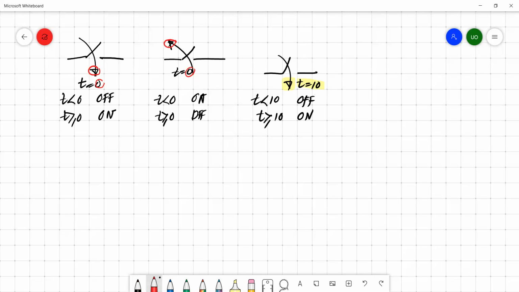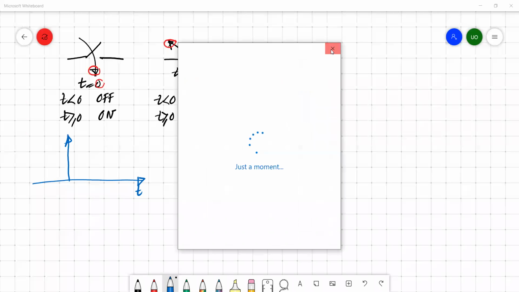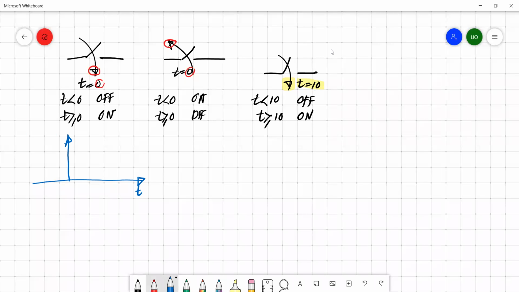If you plot this operation graphically, when t is less than 0 the switch is off, and when t is greater than or equal to 0 it is on. If this is the time axis and this is the voltage or current axis, you can explain the operation like this.